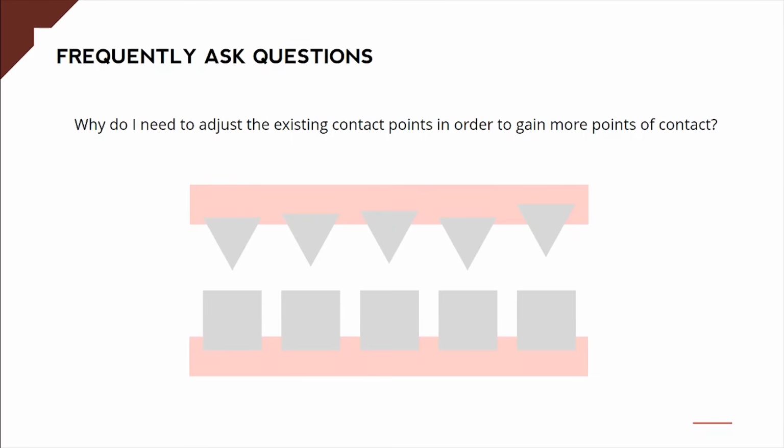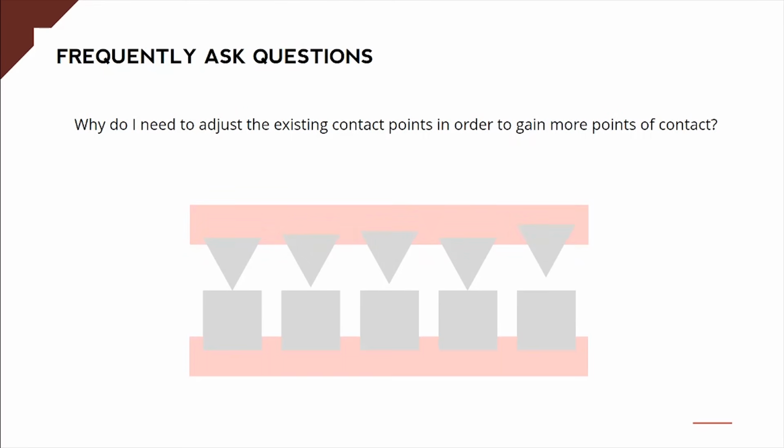Okay, something that students tend to struggle with is just kind of visualizing and understanding what we're trying to accomplish here, right? So why do we need to adjust the existing contact points in order to gain more points of contact? So we're going to kind of go through this example here. So just pretend we have 5 teeth, and we're trying to get all of them to touch together.